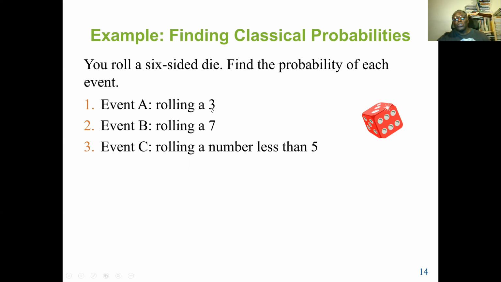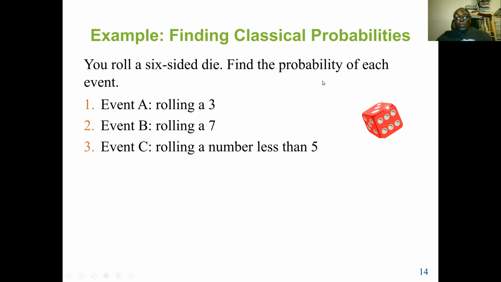An example of classical probability: roll a 6-sided die and find the probability of each event. Event A, we roll a 3. Event B, we roll a 7. Event C, we roll a number less than 5.